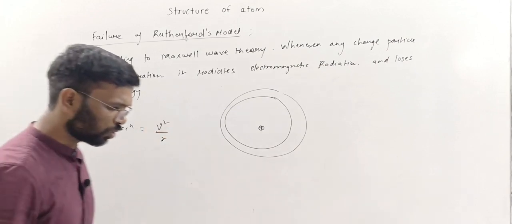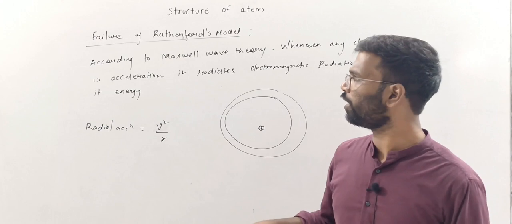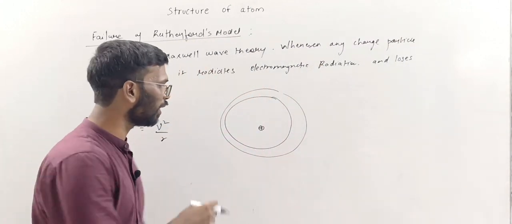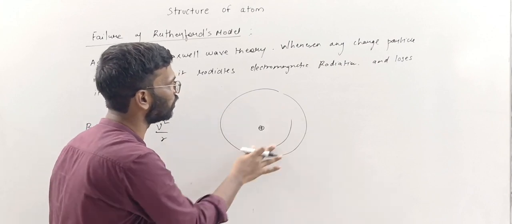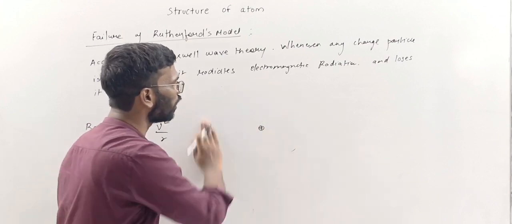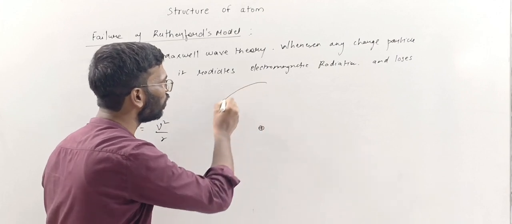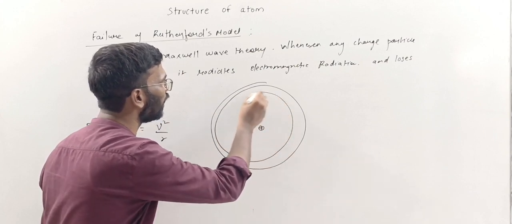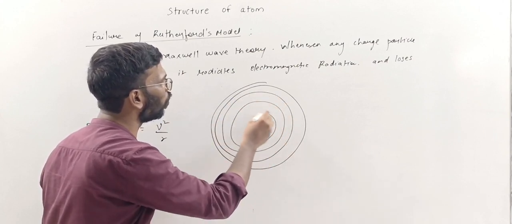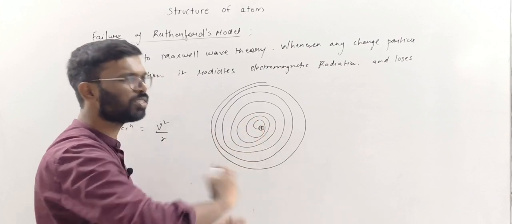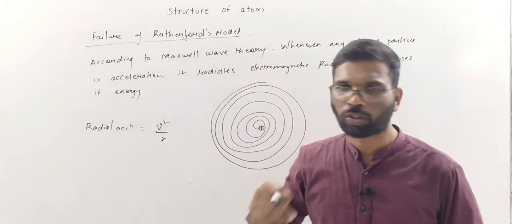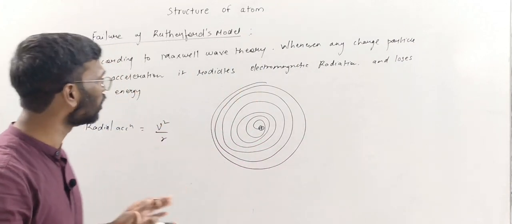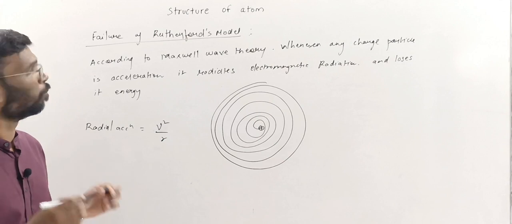So at every point it is going to lose energy in the form of electromagnetic radiation. In a very short time it would lose its energy, spiral inward, and within no time fall into the nucleus. But this doesn't happen. So Rutherford's model cannot explain the stability of the atom. This is the major limitation of Rutherford's model of the atom.